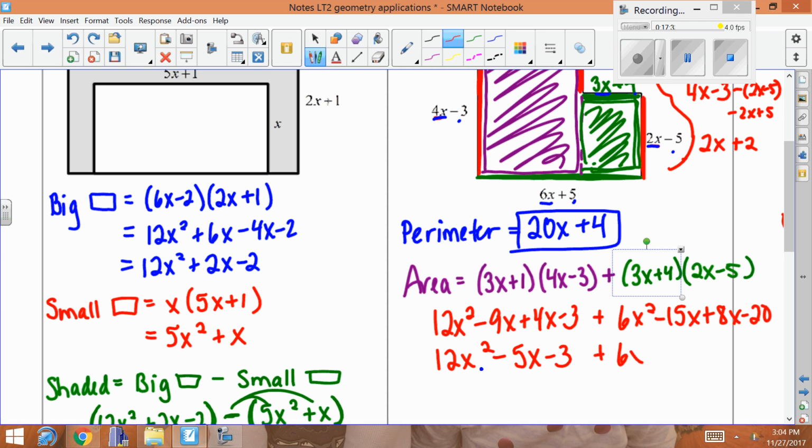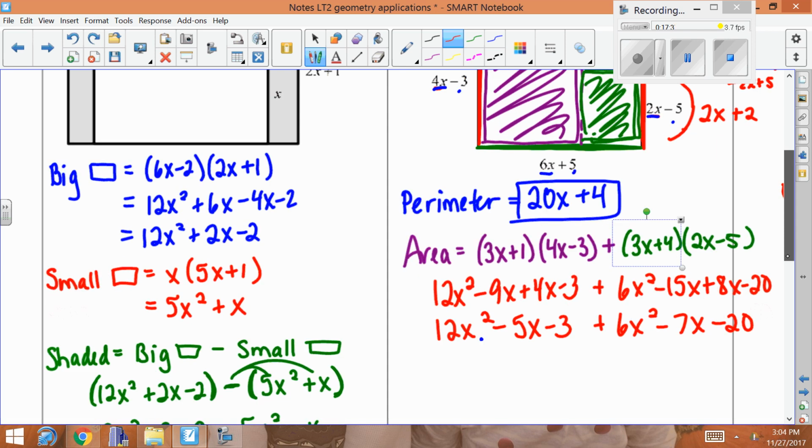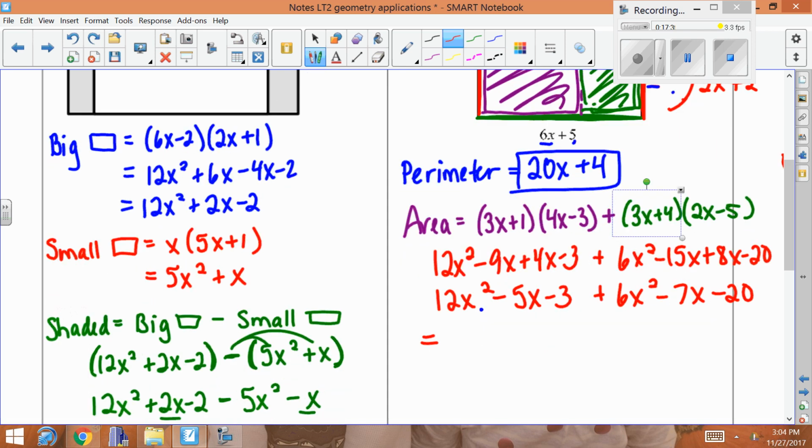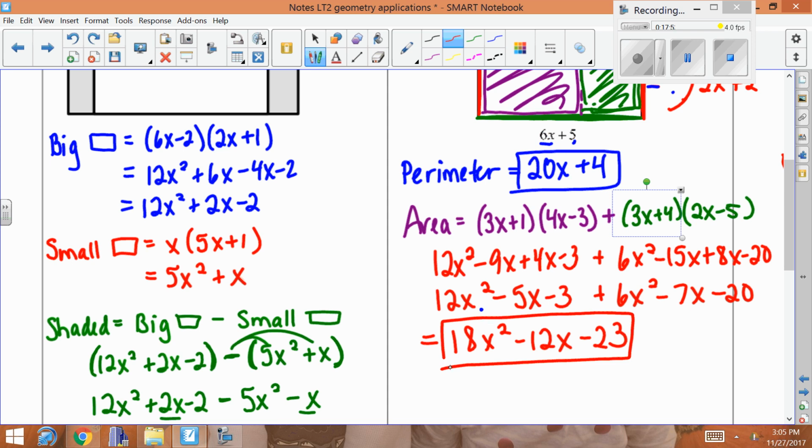Combine those like terms, we get minus 7x minus 20. Now combine all your like terms together. The 12x squared and the 6x squared give us 18x squared. Negative 5x and negative 7x, we get minus 12x, and then minus 23. And that's, again, one way to do it.